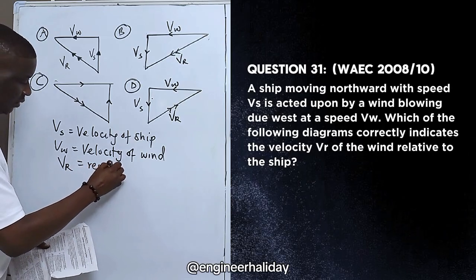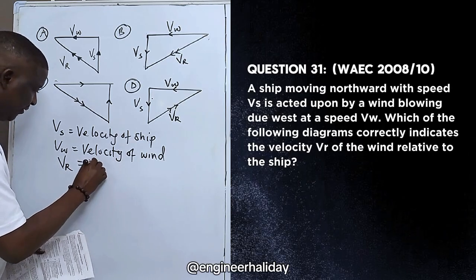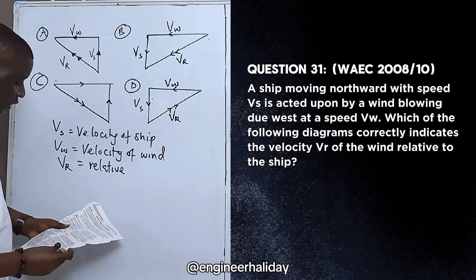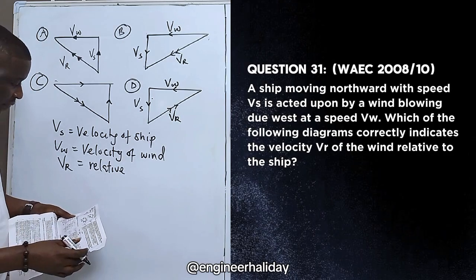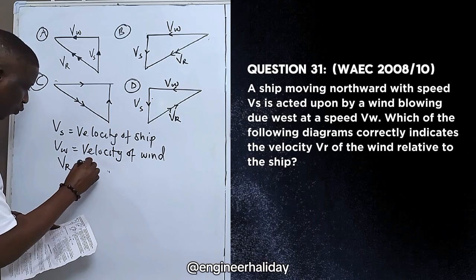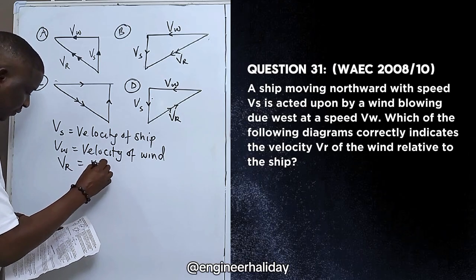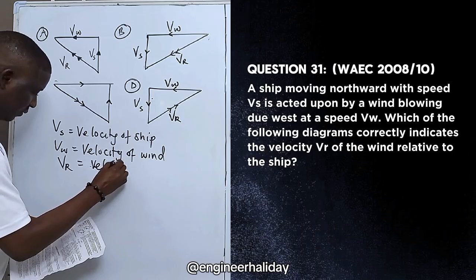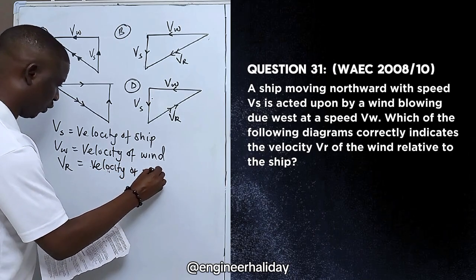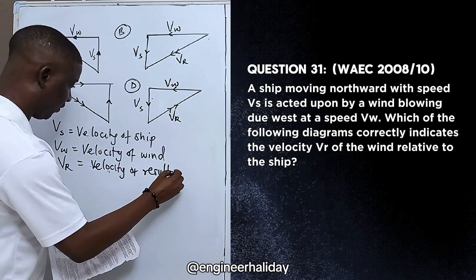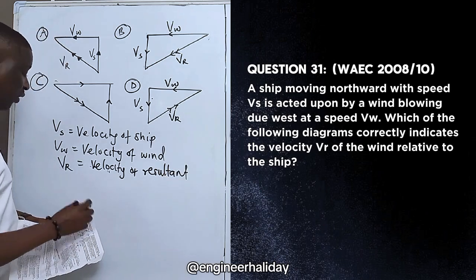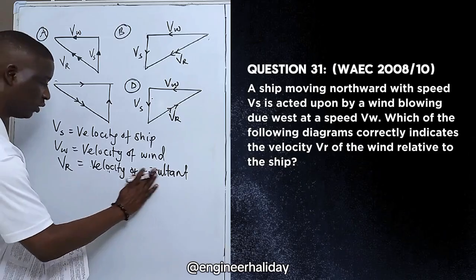Resultant, that means Vr is the relative velocity.